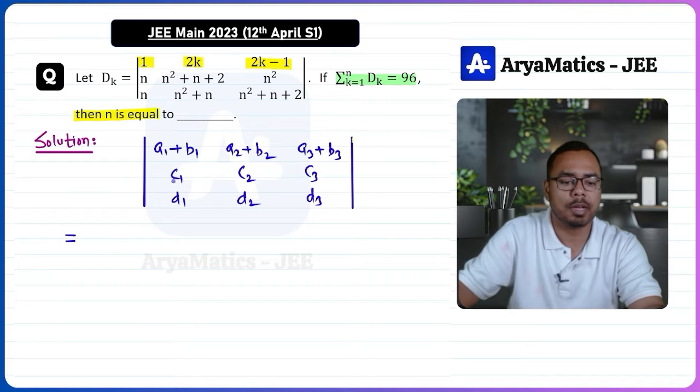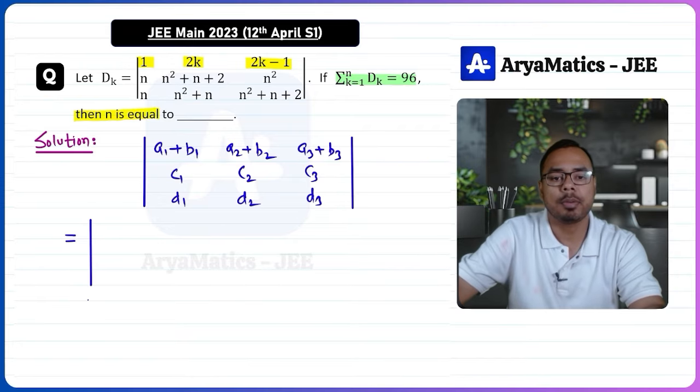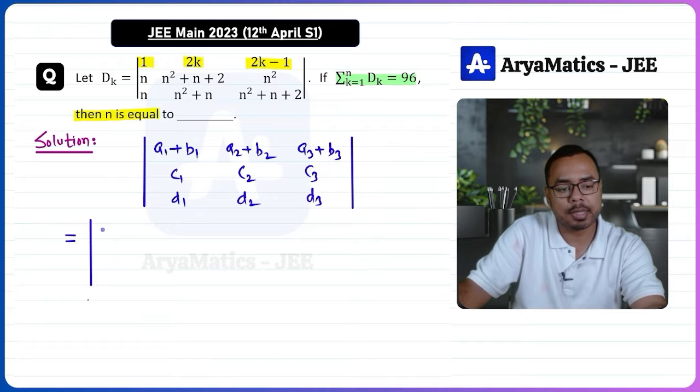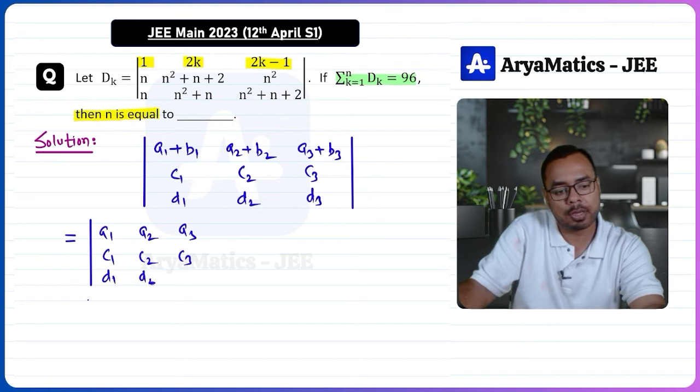And this thing is true whether you have two elements in any one row or any one column, provided the other two rows or other two columns are same, right? So here you can write this as sum of two determinants. For first determinant, the first row will be a1, a2, a3. The second and third row will be same, right? Second row c1, c2, c3, and then d1, d2, d3.